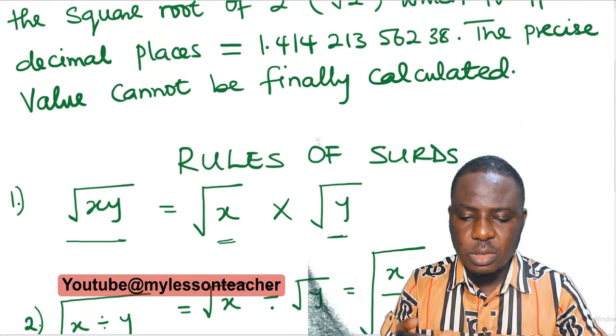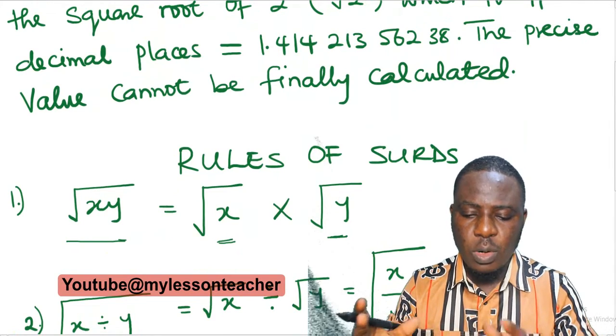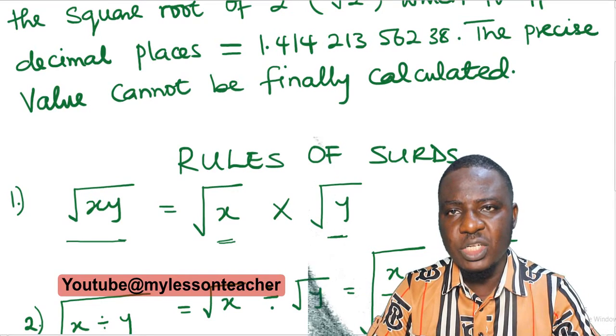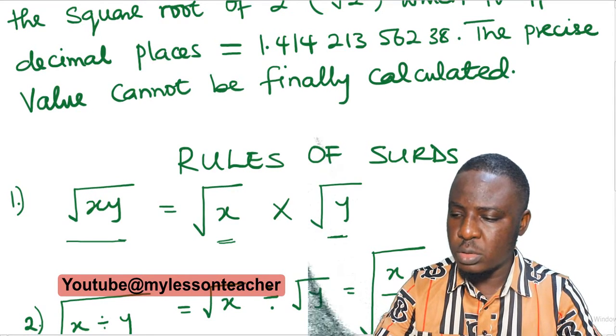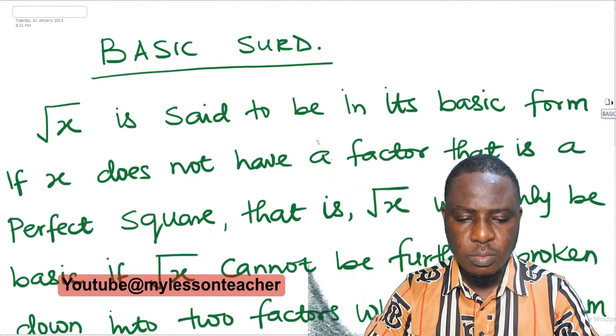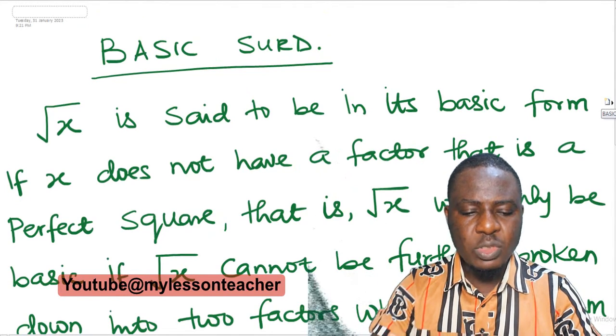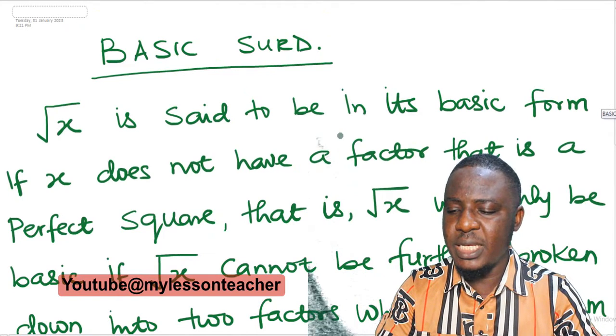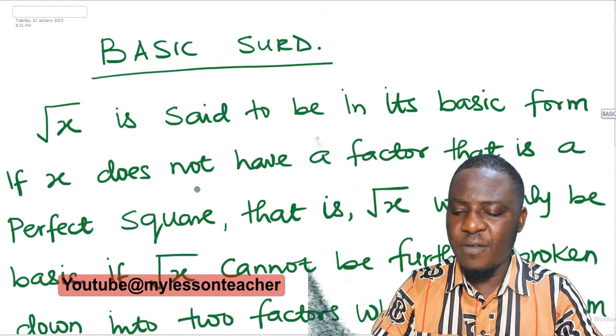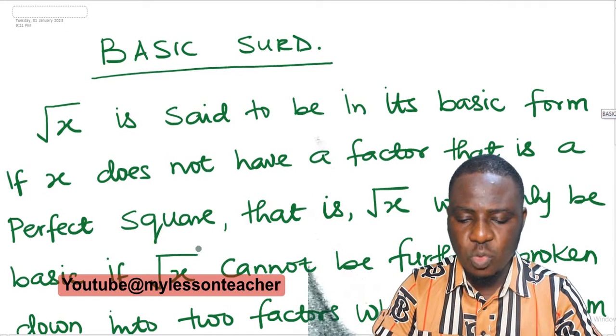So we shall take some examples to help drive home our point. But before that, let's also look at some definitions when it gets to surds. Basic surd. We said root x is said to be in its basic form if x does not have a factor that is a perfect square.